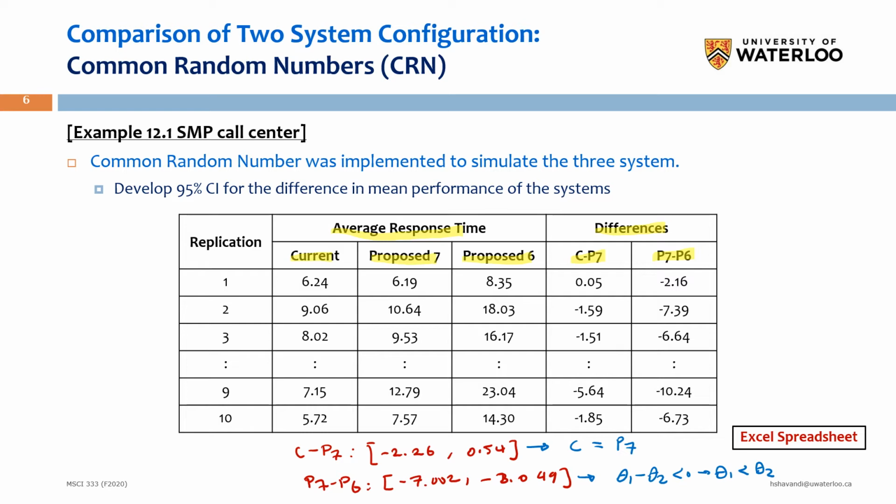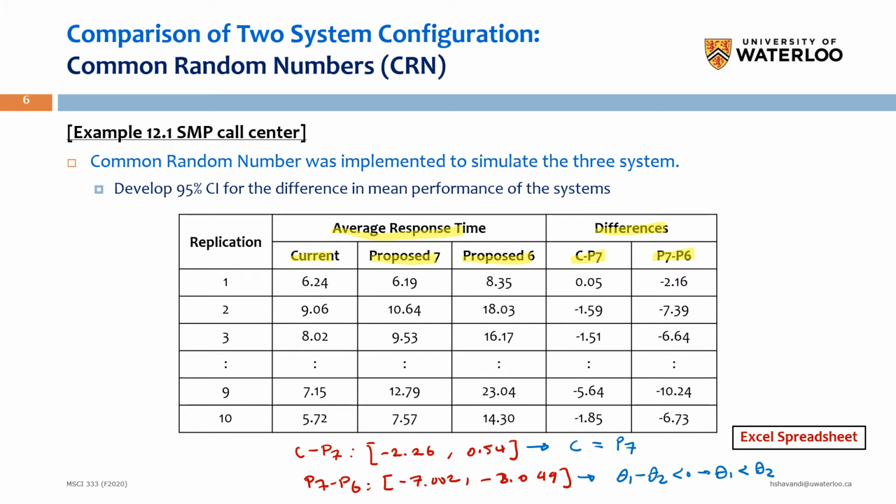So this means that the average response time in P7 is less than the average response time in P6. So this means that if we reduce the number of operators by 1, then we will increase the average response time, right?